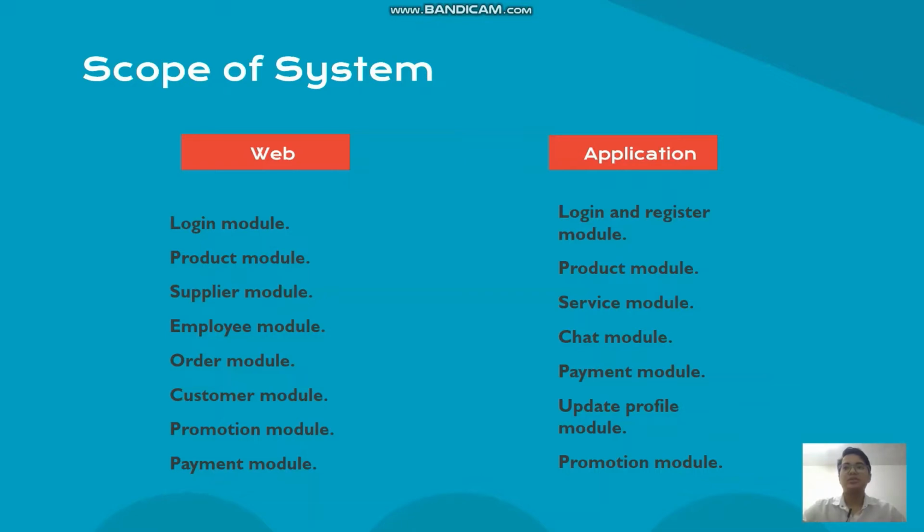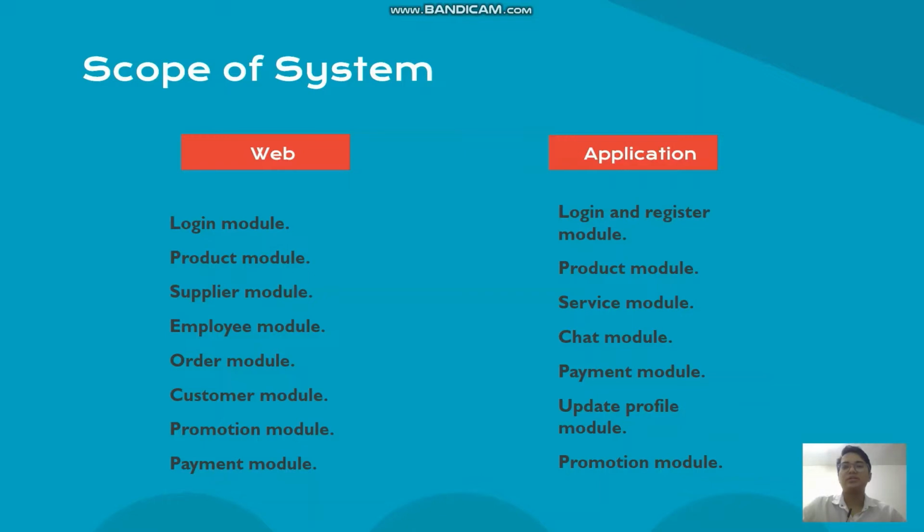For the login module, there will be a login for admin and manager, and then for the product module there will be add, view, delete, update product, and then supplier same as product, which is add, delete, view, and update.